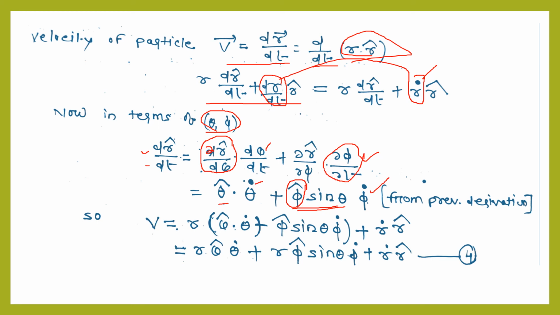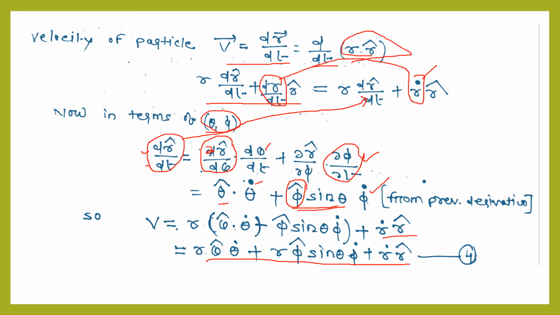So v is equal to r theta dot theta cap plus r sin theta phi dot phi cap plus r dot r cap. Here we substitute the value of d r cap by dt, remove the brackets, and we get this value. This is the actual derivation of the velocity of the particle in the spherical coordinate system.